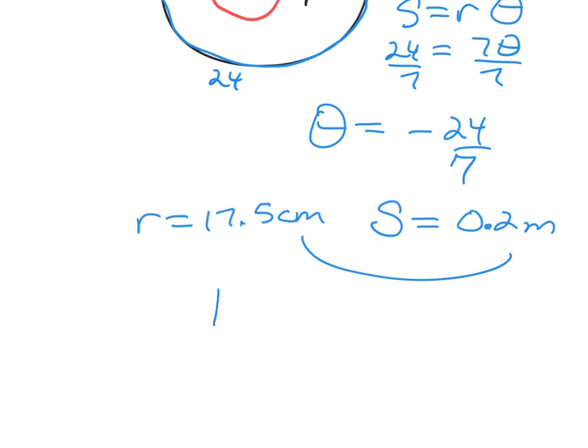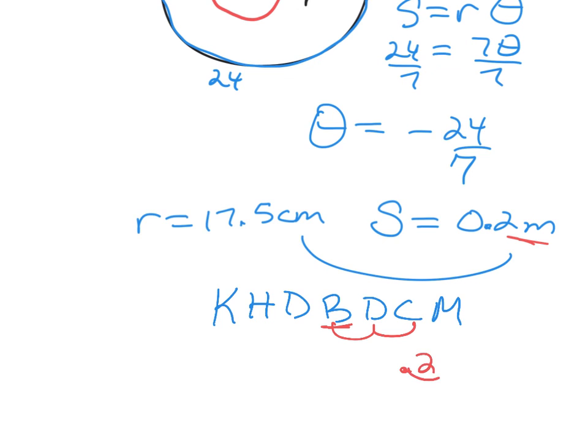I use the rhyme, King Hector drinks basically delicious chocolate milk. Whatever trick you want to use for converting, you probably have already done dimensional analysis in chemistry. You should have done this in middle school. So to convert from meters to centimeters, 2 jumps. I'm going to take my 0.2, move it twice. So 0.2 meters equals 20 centimeters.